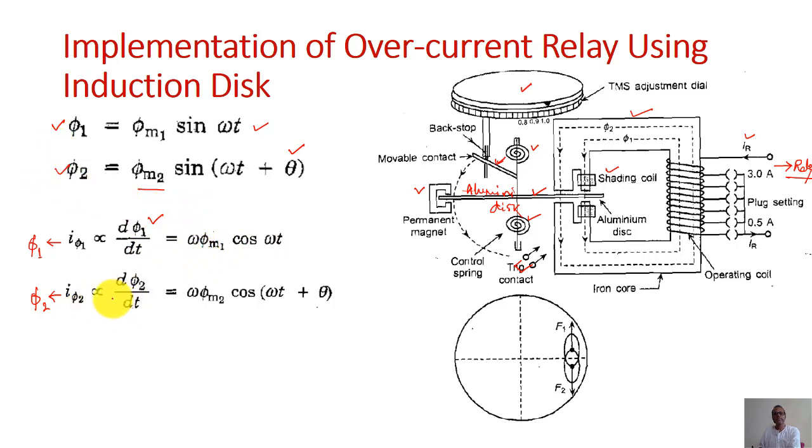Then I phi 2 will be directly proportional to d phi 2 by dt, which equals omega phi m2 cos of (omega t plus theta). Now we saw that these eddy currents produced in the aluminum disk are directly proportional to omega phi m1 and omega phi m2.